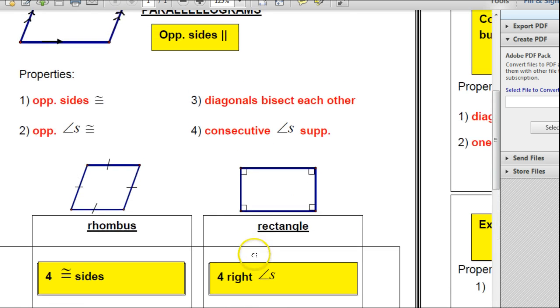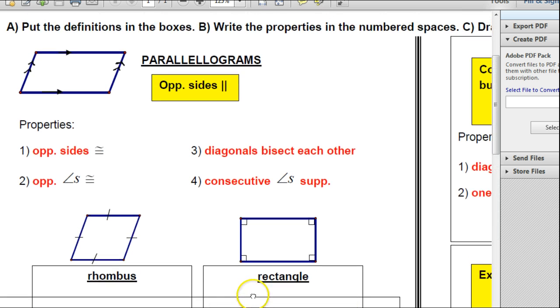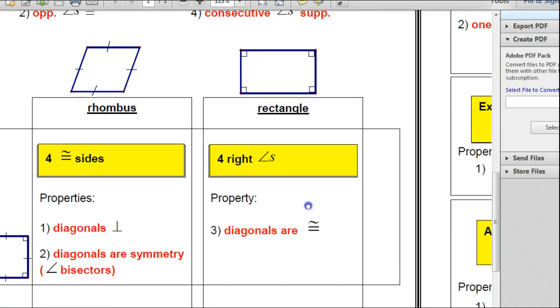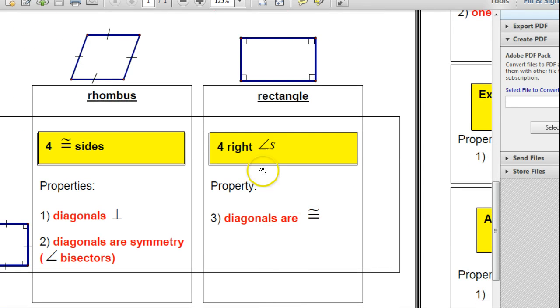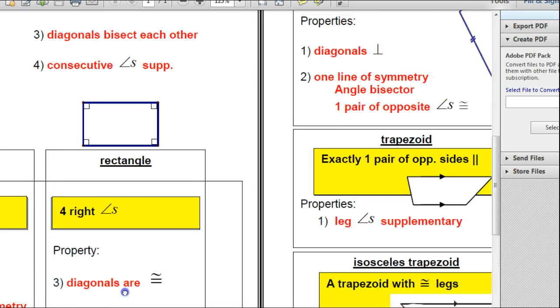In red, I'm showing some special properties of each shape. For example, for all parallelograms, opposite sides are congruent, opposite angles are congruent, diagonals bisect each other, and consecutive angles are supplementary.